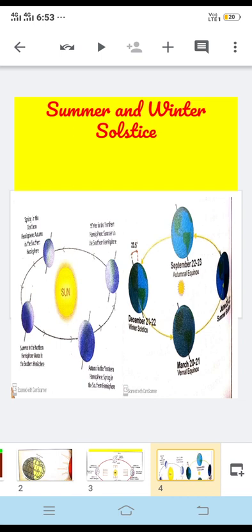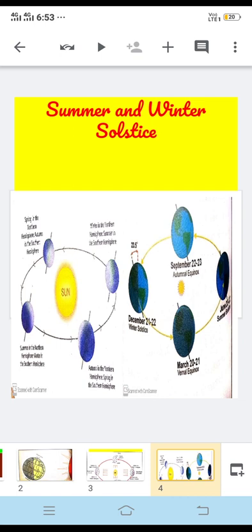At this position, neither pole is tilted toward the sun, so the whole earth experiences equal days and equal nights. Okay, on 23rd September and 21st March, the earth experiences equal days and equal nights.